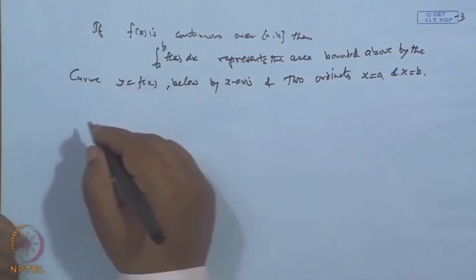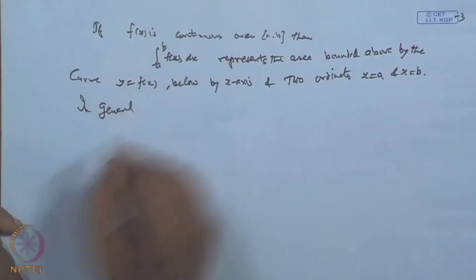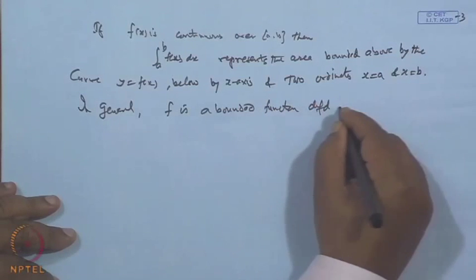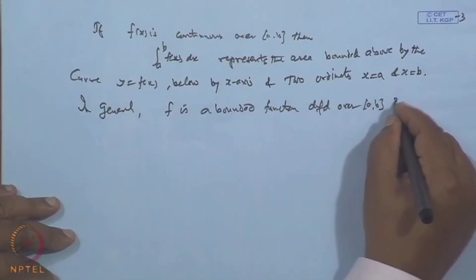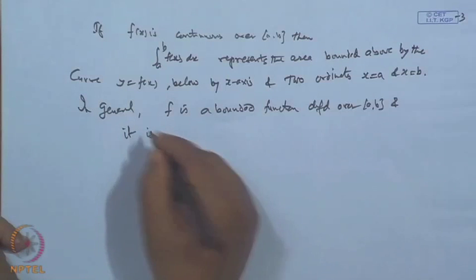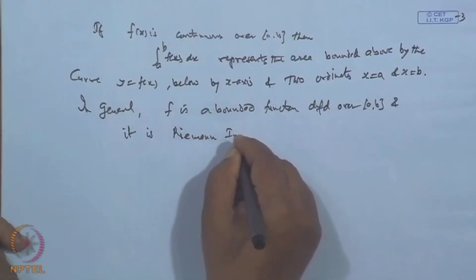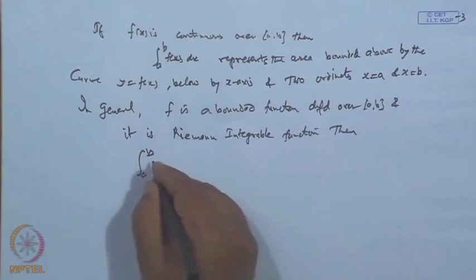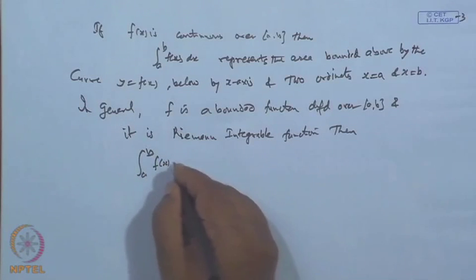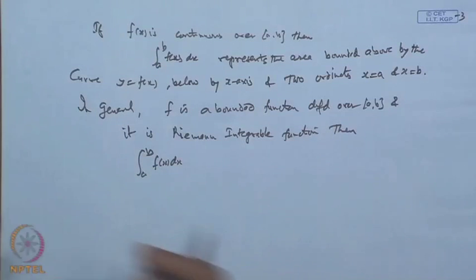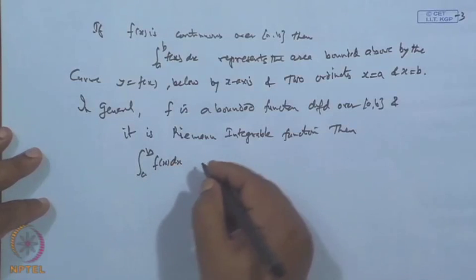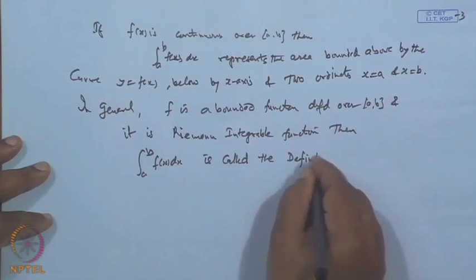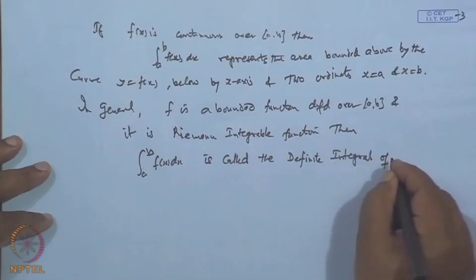We call it a definite integral, but in general, when f is a bounded function defined over the closed interval [a, b] and it is a Riemann integrable function, then the integral from a to b of f(x) dx, the Riemann integral in the interval, is called the definite integral of the function f(x) over this.